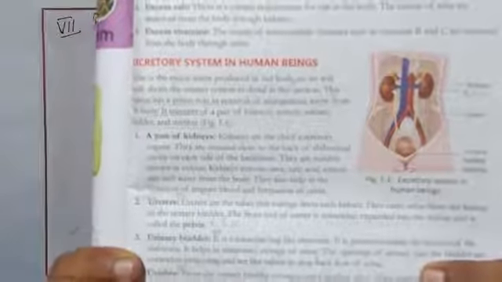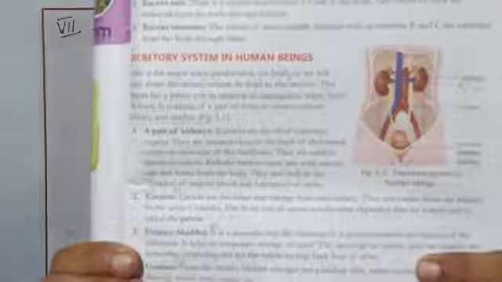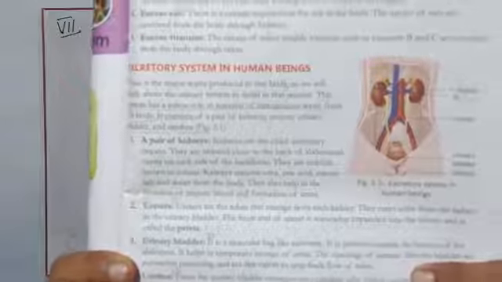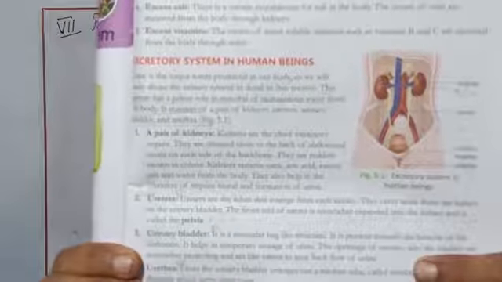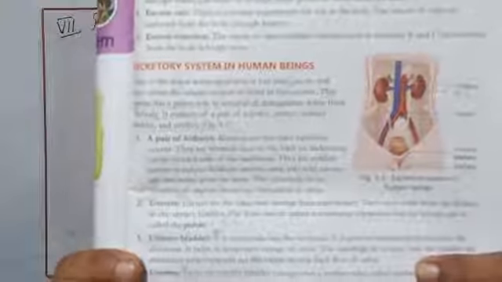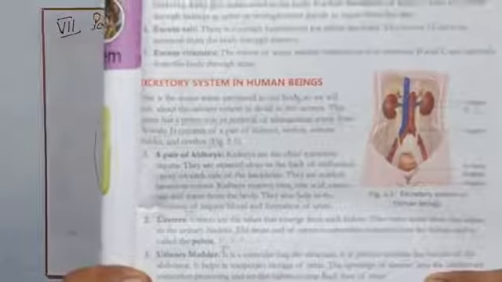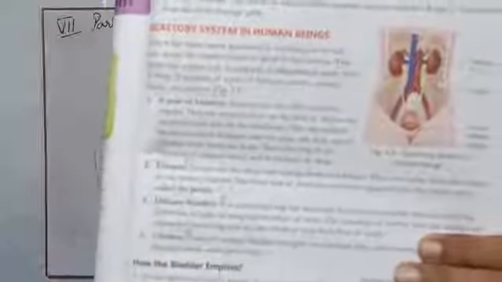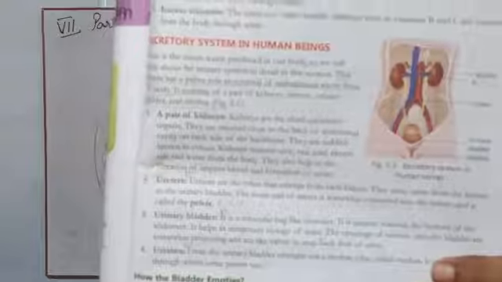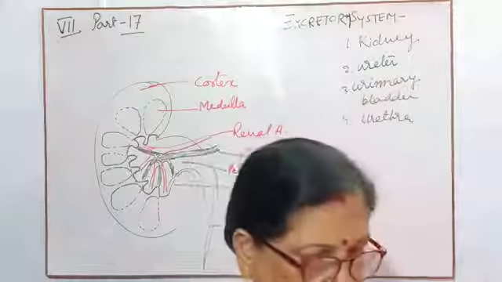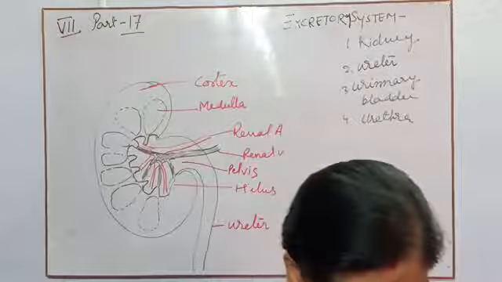From the urethra we can excrete the urine out from our body. These four are the parts of our urinary system, and altogether they form the excretory system. Understood, children? Now I want to explain.